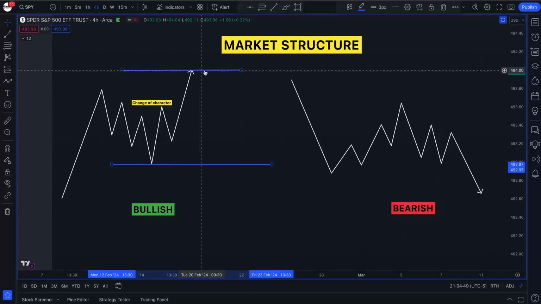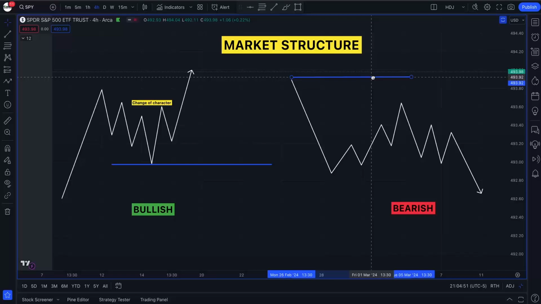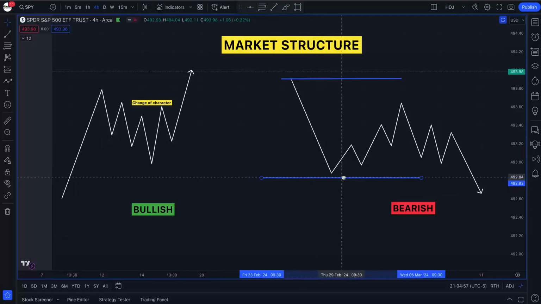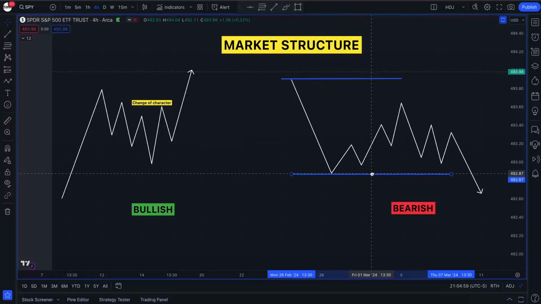Same deal. We have our high and we have our low. Okay, so price was up, then it went down. So then price went back up, down a bit, back up, back down, then back up.